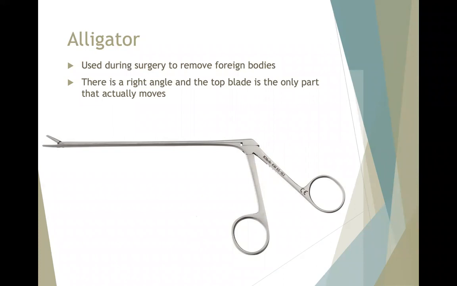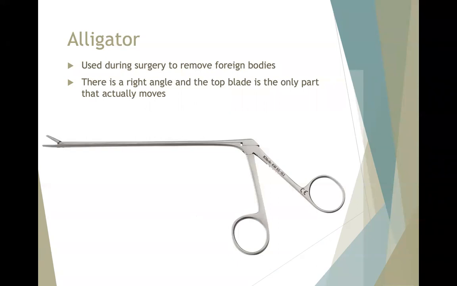Think of an alligator, opening and closing. Now, where I've seen these commonly used is to extract foreign bodies from inside the ears. It happens a lot, especially if you live in areas where there's a lot of tall grass or just things for the dogs to get into if you're in the wilderness.